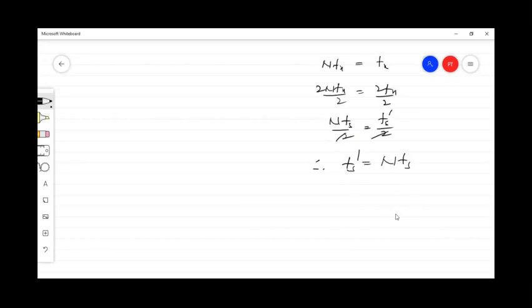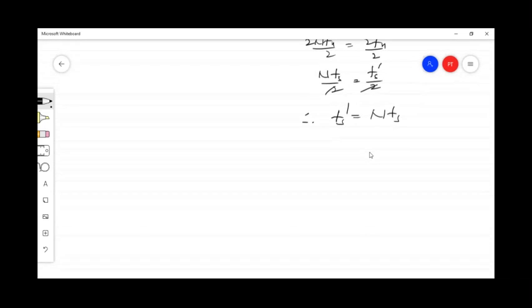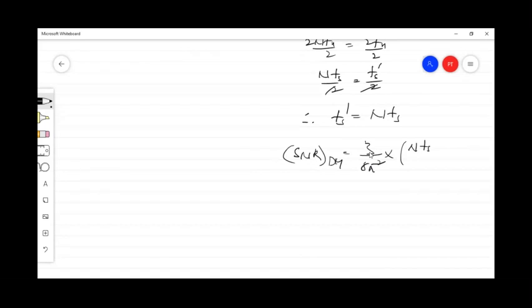Under this condition, what is the SNR of the DM system? SNR of DM equals 3 by 8 pi square into fs dash. Fs dash here equals n times fs by fx.